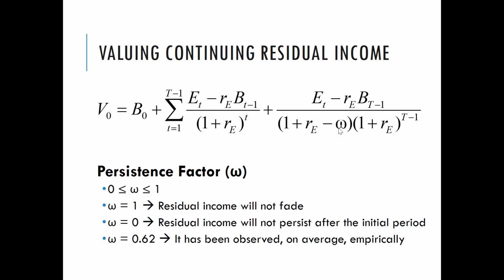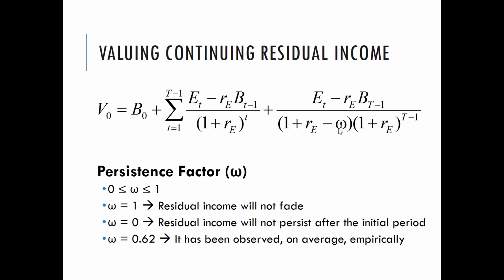If it's 0, it drops to 0 after the initial period, and somewhere in between, it gradually decreases. If we observe a large sample of real-life firms, generally speaking, this persistence factor is around 0.6, so 0.62 in reality, which means that firms' residual income does decay over time, but again, it's because of competitive forces.